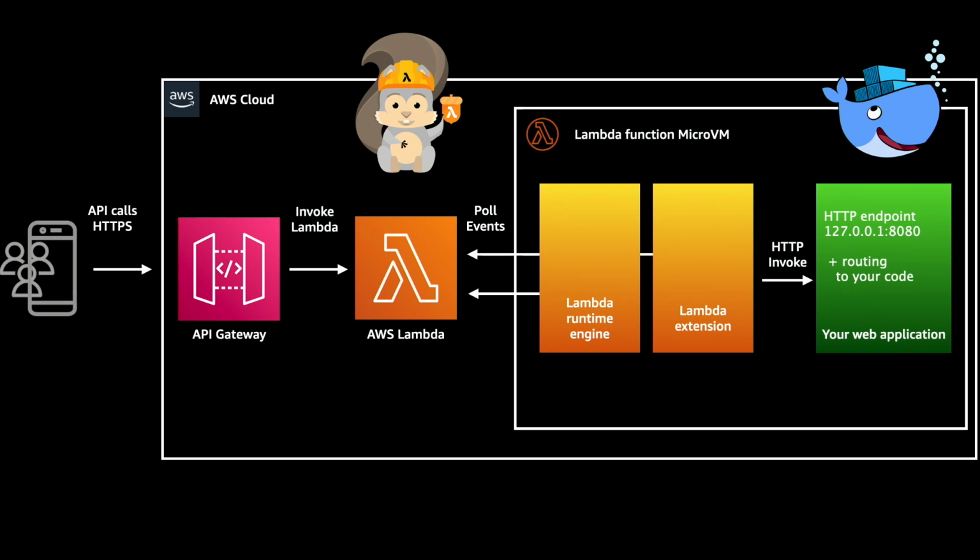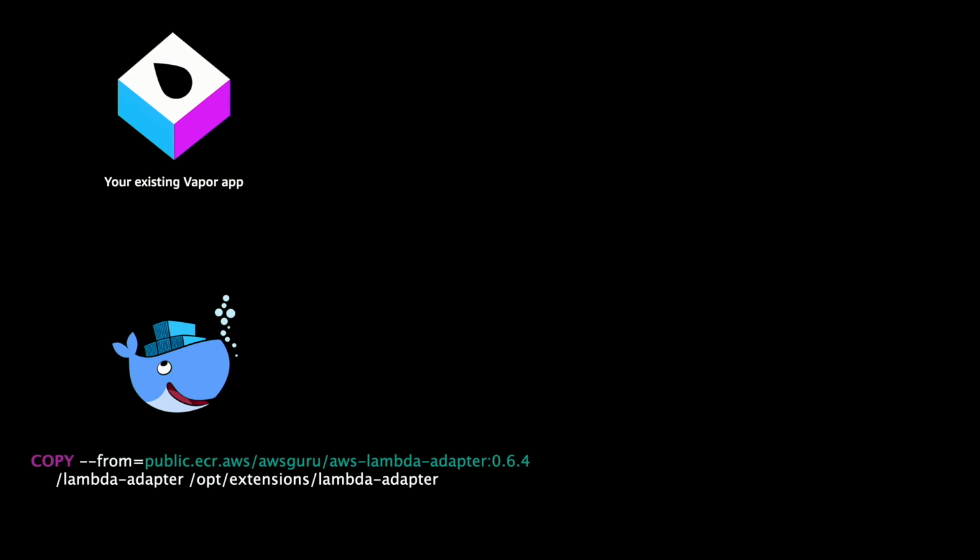Okay, it sounds complicated like that. And it's not, because if you have an existing Vapor app, the only thing you need to do is to package it as a Dockerfile. And the Vapor command line generates the Dockerfile for you. You just need to add one line in the Dockerfile, to package the Lambda extension.